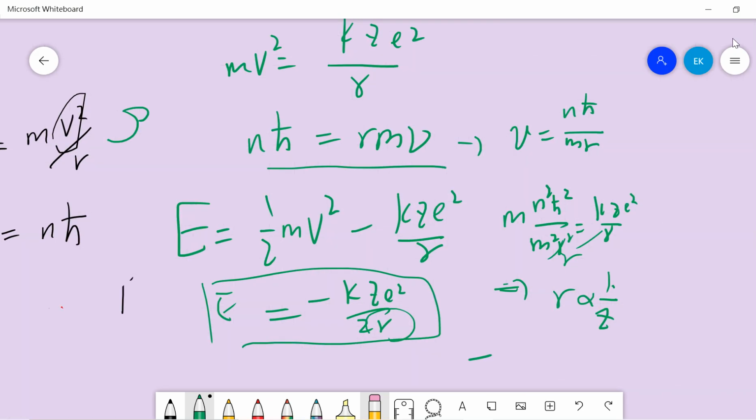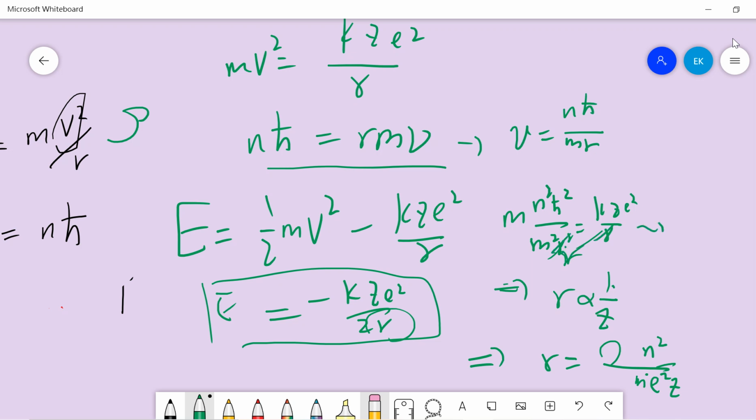From here we can solve for r. So r equals something, but we know that it should be proportional to n squared over m e squared Z, right? Because you cancel these r.